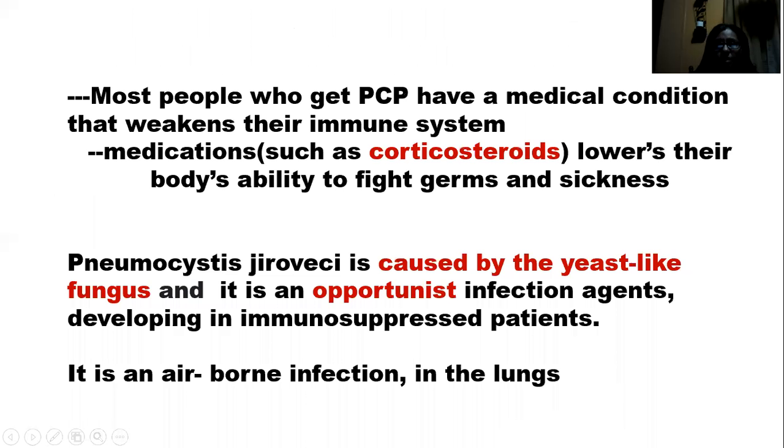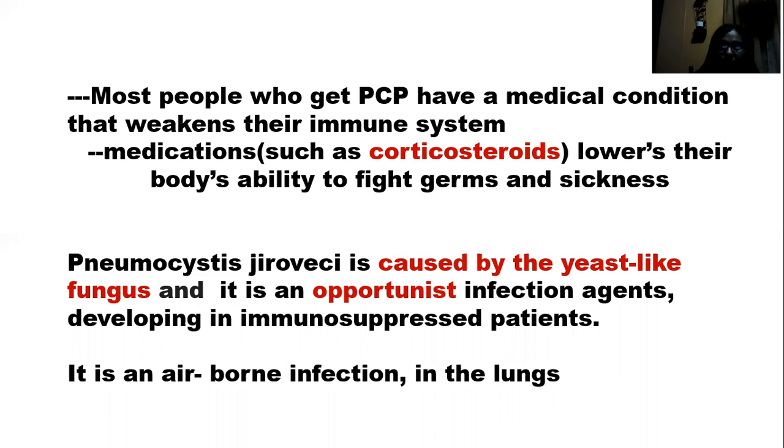Most people who get PCP have medical conditions that weaken their immune system. Medications such as corticosteroids lower the body's ability to fight germs and sickness. Pneumocystosis is caused by a yeast-like fungus and is an opportunistic infectious agent, developing in immunosuppressed patients.